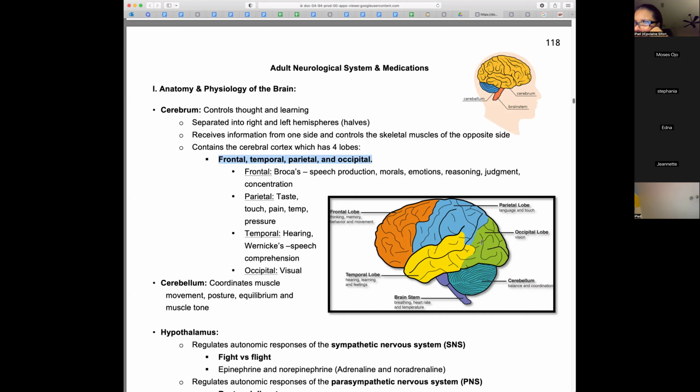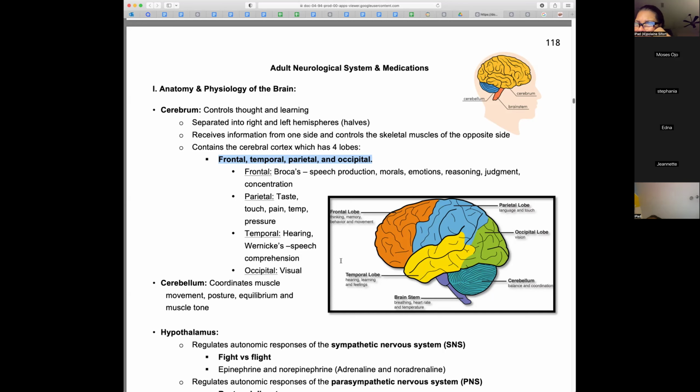Underneath the cerebrum sits the cerebellum. The cerebellum is responsible for balance and coordination. Underneath the brain, you have the brainstem. The brainstem is extremely important. There you will find the medulla oblongata, which we're going to talk about in just a little bit.